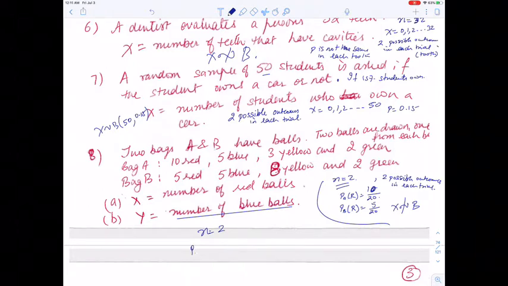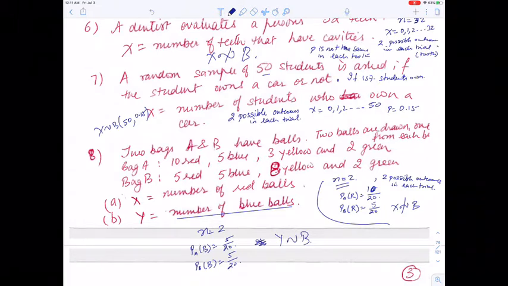Probability of blue in bag A is 5/20, and probability of blue in bag B is also 5/20, right? So that means probability of success is also the same in each trial. Y will follow binomial distribution with n 2, and probability of success is 5/20, whatever that is.